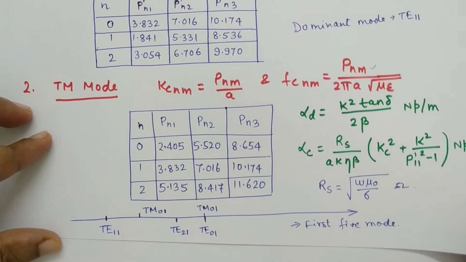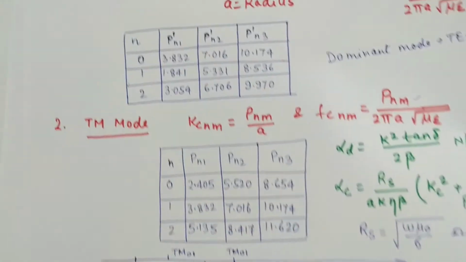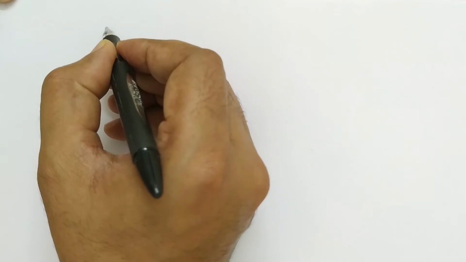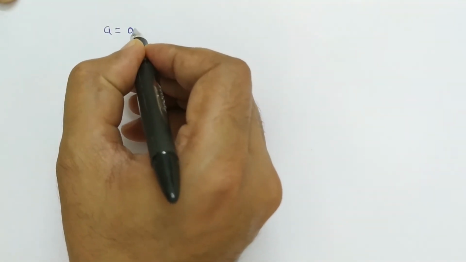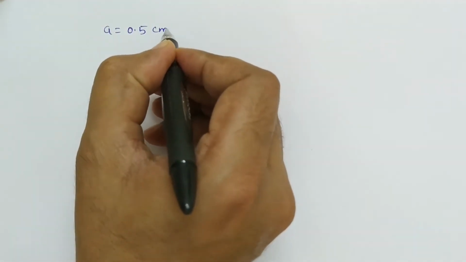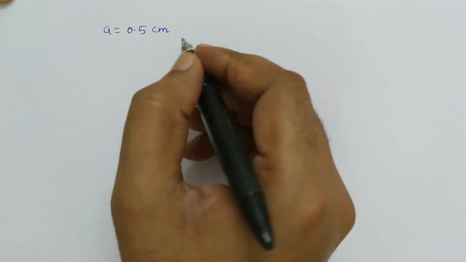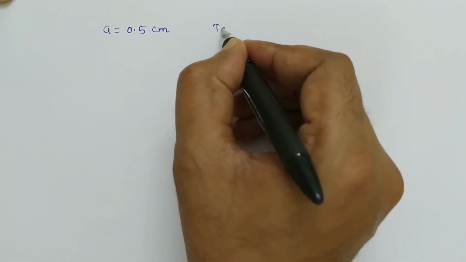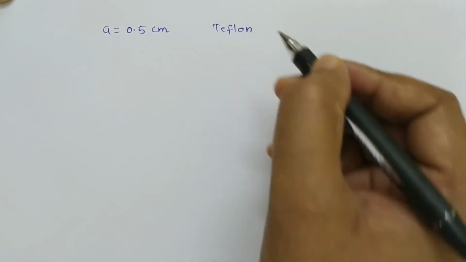Now we are going to solve one problem based on these things. A Teflon filled circular waveguide with a equal to 0.5 centimeter. That means the radius of the waveguide is 0.5 centimeter and the material is Teflon.